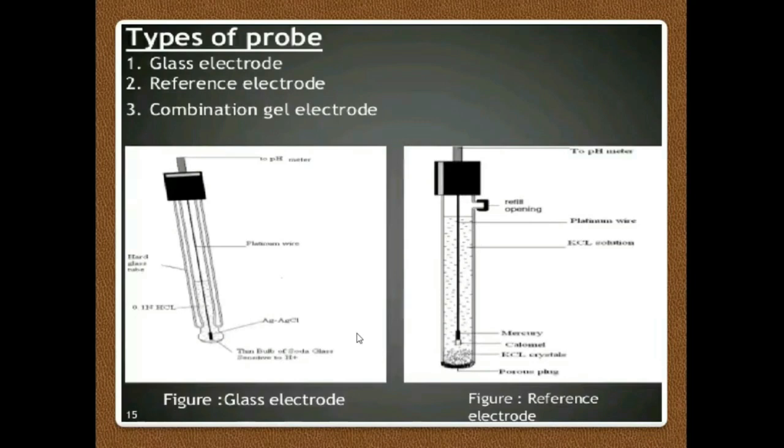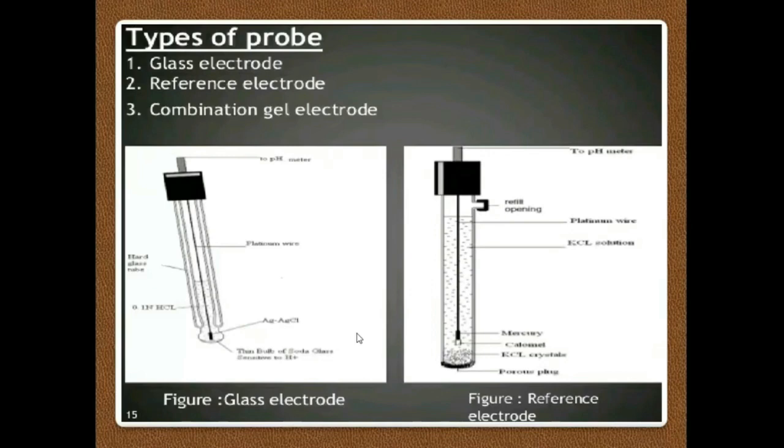Then the types of probes present in the pH meter: you have a glass electrode, a reference electrode, and the third one, the combination electrode. The first figure is highly sensitive to protons. This is a glass tube.